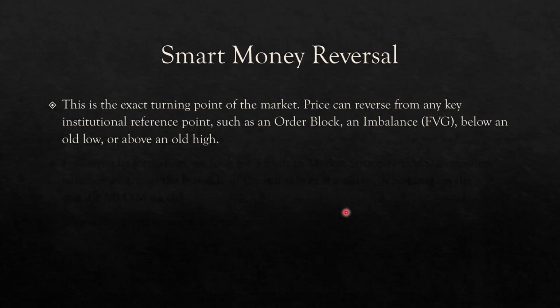In other words, after the market has taken out a low or a high, because it will be able to initiate a business program of the market makers. A buy program is whereby the market makers will buy below an old low, and a sell program is an instance whereby the market makers will sell above an old high. So the reversal can originate from either institutional reference points, but I love the ones that emanate from points of liquidity.